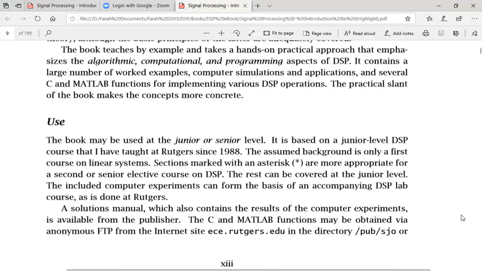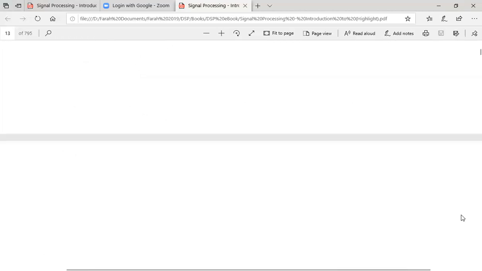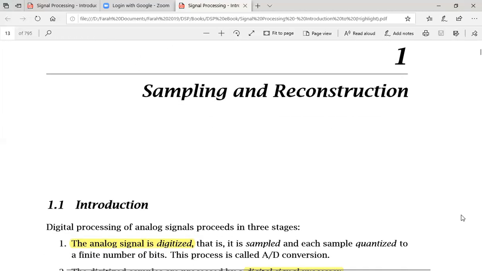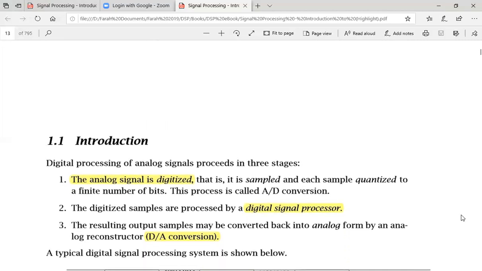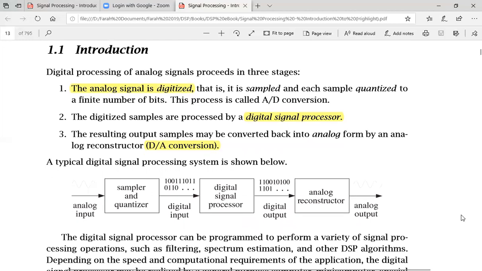I have highlighted the important points in this, and you need to focus on them. First of all, as an introduction, we will start from here. Just see this block diagram. As I have told you, the digital signal processor is in between, but the input of this digital signal processor is your sampler and quantizer.